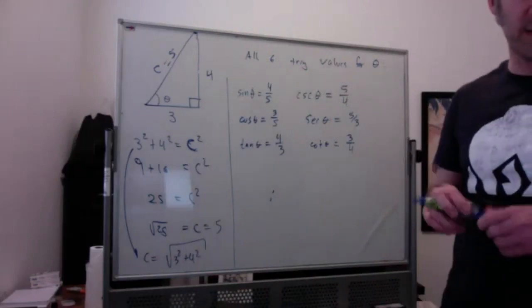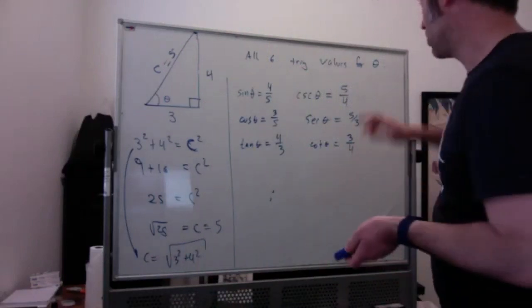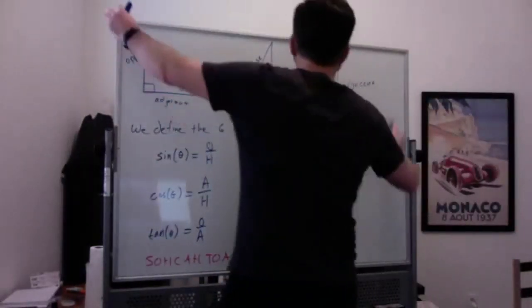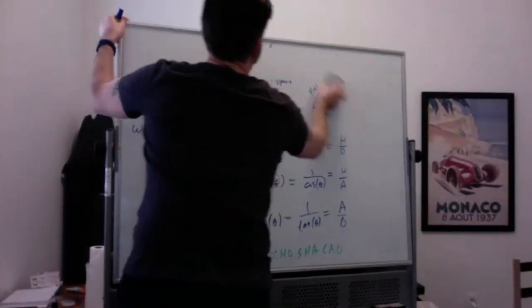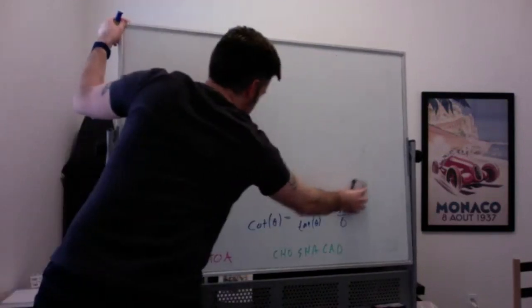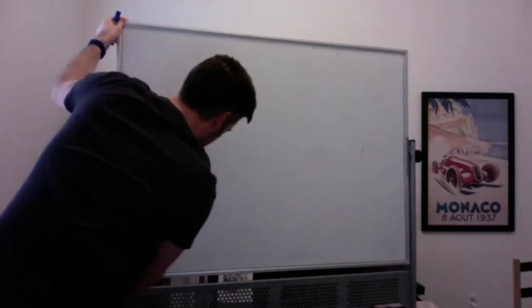We'll also point out that sometimes you will have to use a calculator to find some trig functions of angles that are not here. So I just want everybody to be super clear. And actually, let me show you in the notes here. So I'll write it on the board.